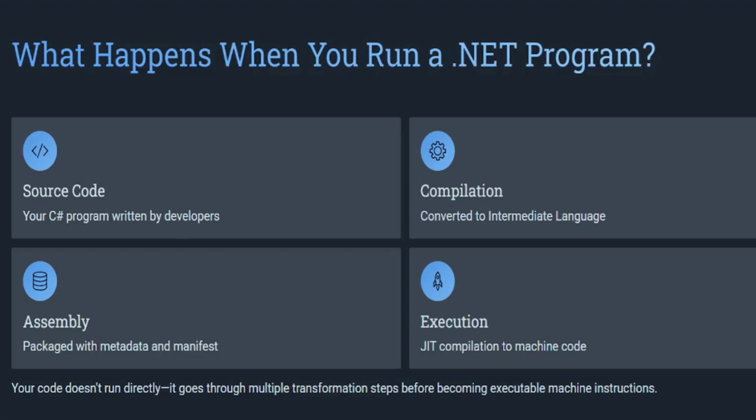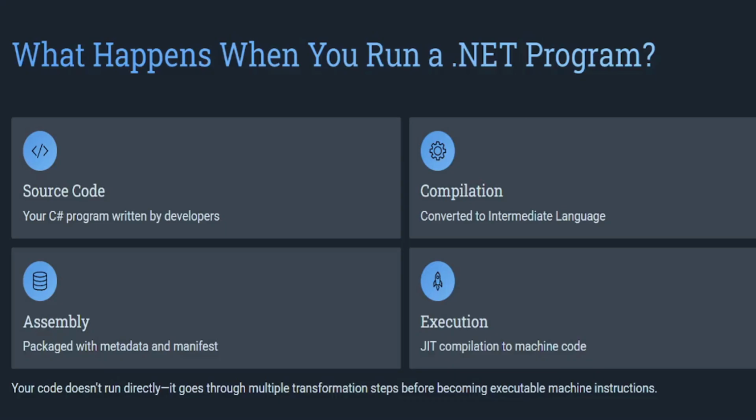Now, let's understand what happens when we run a .NET program. At first, we write our code in C#, which is called source code. When we build or run the program, this code goes through compilation, where it is converted into intermediate language, also known as IL code. Then this IL code is packaged into something called an assembly, which includes additional information like metadata.